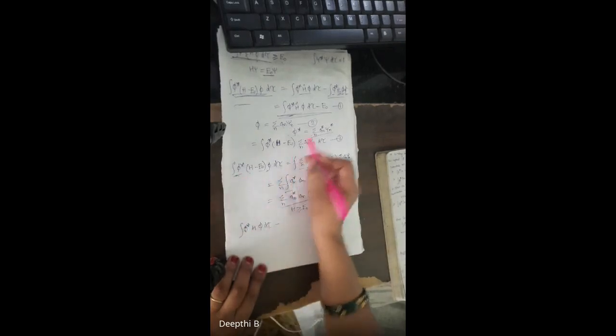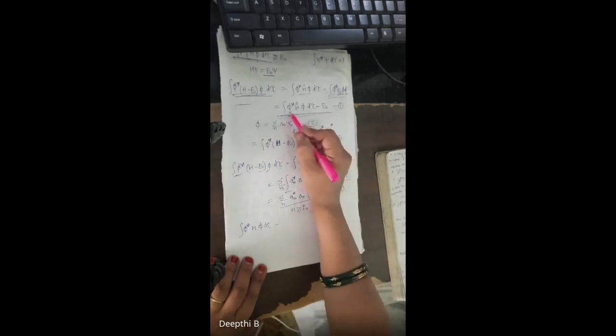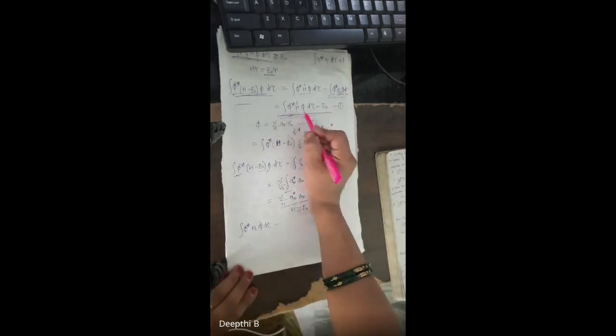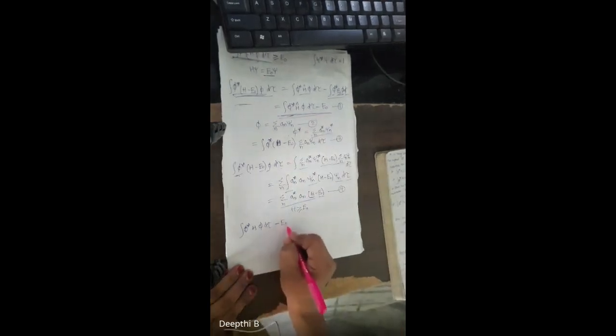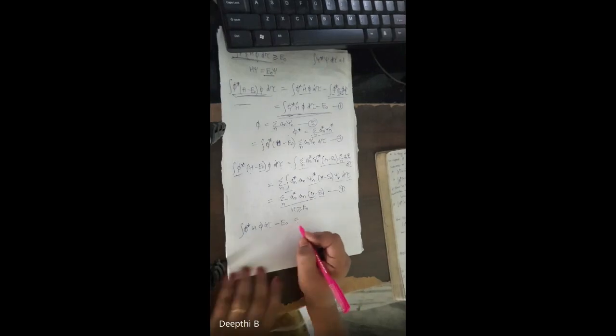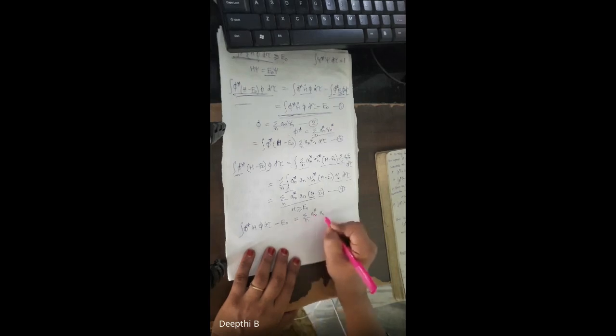Already we see in this equation 1, integration of phi star h cap phi d tau minus E naught, so minus E naught is equal to this summation of n, a n star a n, h minus E naught.